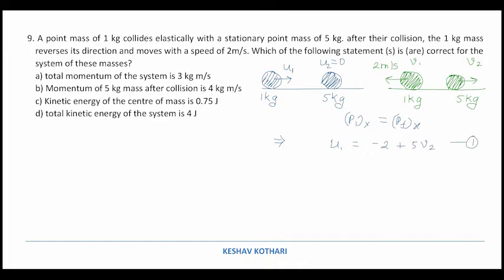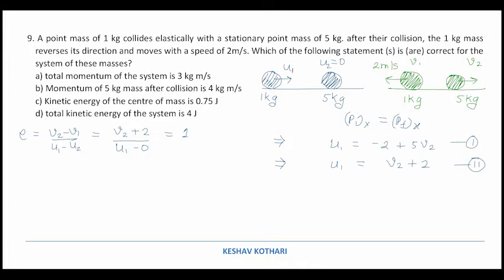The next thing which we write is the equation of coefficient of restitution e, which is equal to v2 minus v1 by u1 minus u2. Over here we can put this as v2 minus of minus 2, that is plus 2, upon u1 minus 0, which is equal to 1. From here we obtain the second equation as u1 is equal to v2 plus 2.